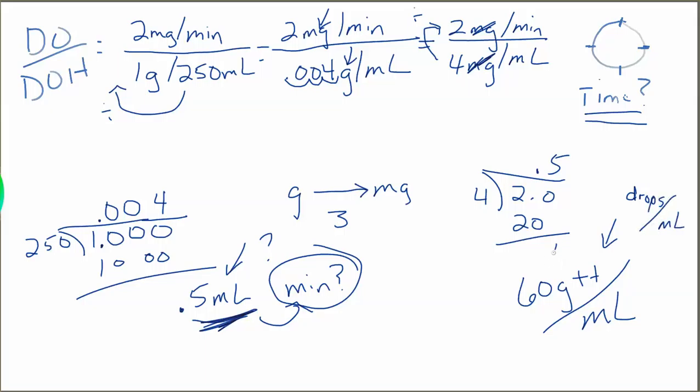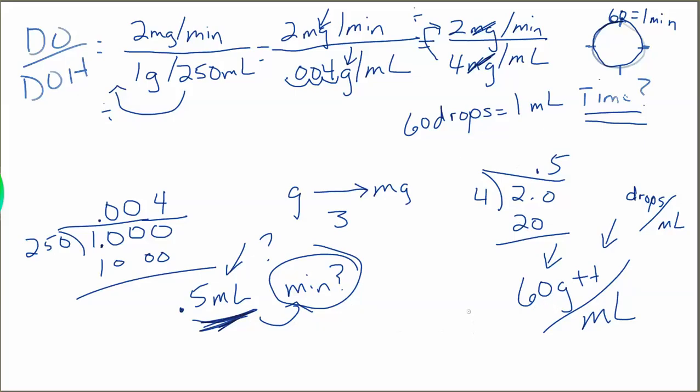So 60 drops equals 1 milliliter. And the reason why this is easier is because how many seconds are in a minute? There's 60 seconds in a minute. So we're going to make this simple and use a 60 drop set.